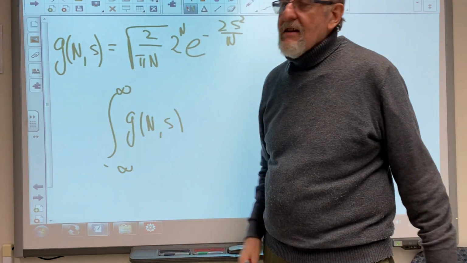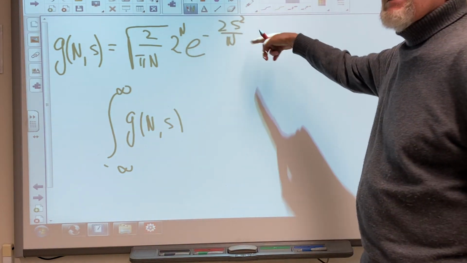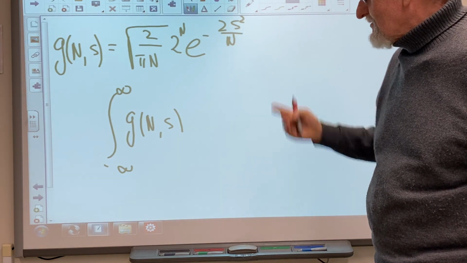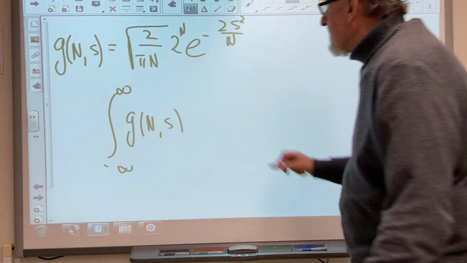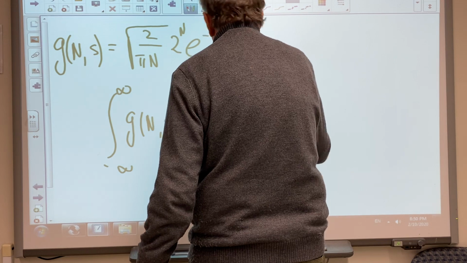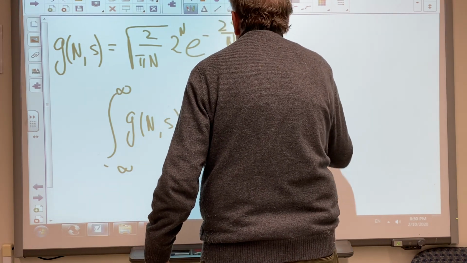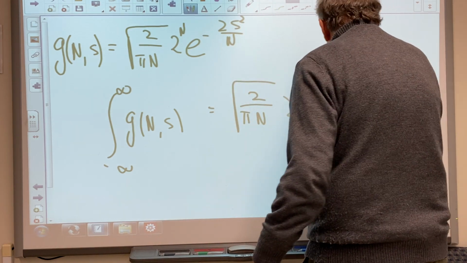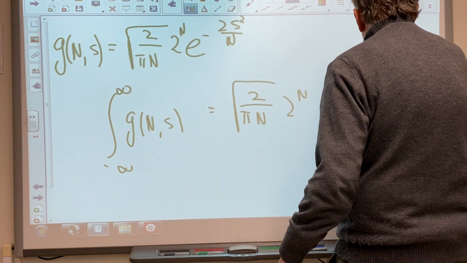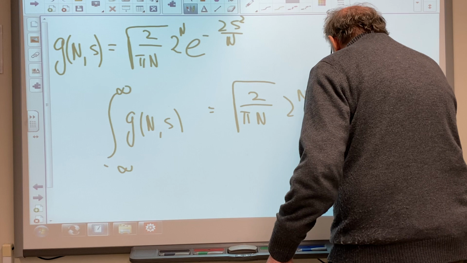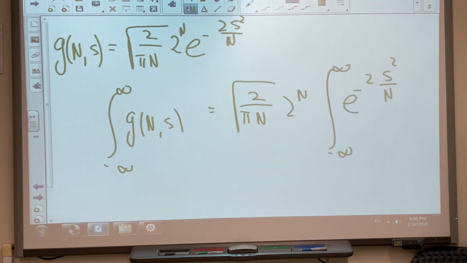But, you know, when n is 10 to the 23, and this is an exponential decay, I can write from minus infinity to infinity. And this is square root of 2 over pi n, 2 to the n, times the integral of e to the minus 2 s square over n from minus infinity to infinity. You see why I taught you to calculate Gaussian integrals, because now we know how to calculate that integral immediately.